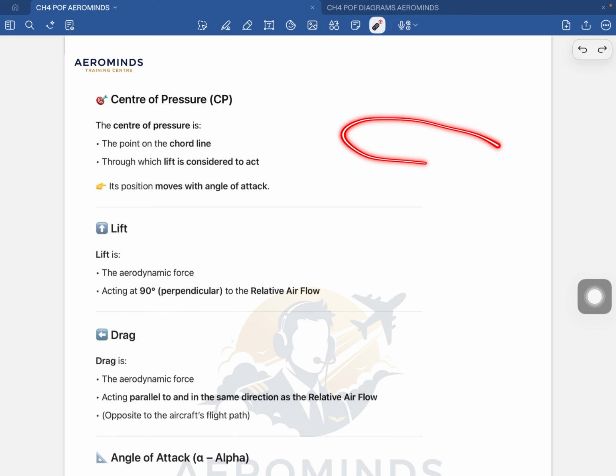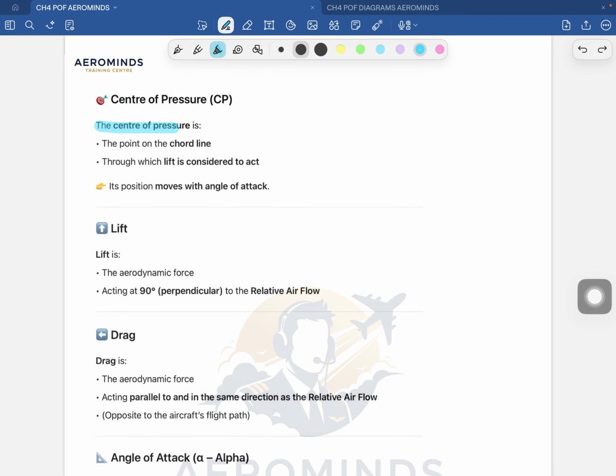Aft means below the wing, it starts moving aft. So it will come forward as you increase your angle of attack. After crossing the stalling angle or critical angle of attack, it will start moving backwards again, which is actually near the stall. So this movement is one of the reasons the aircraft designers are careful about choosing the wing shape and also the tail size of the aircraft. So remember, the center of pressure is the point on the chord line through which the lift is considered to act.